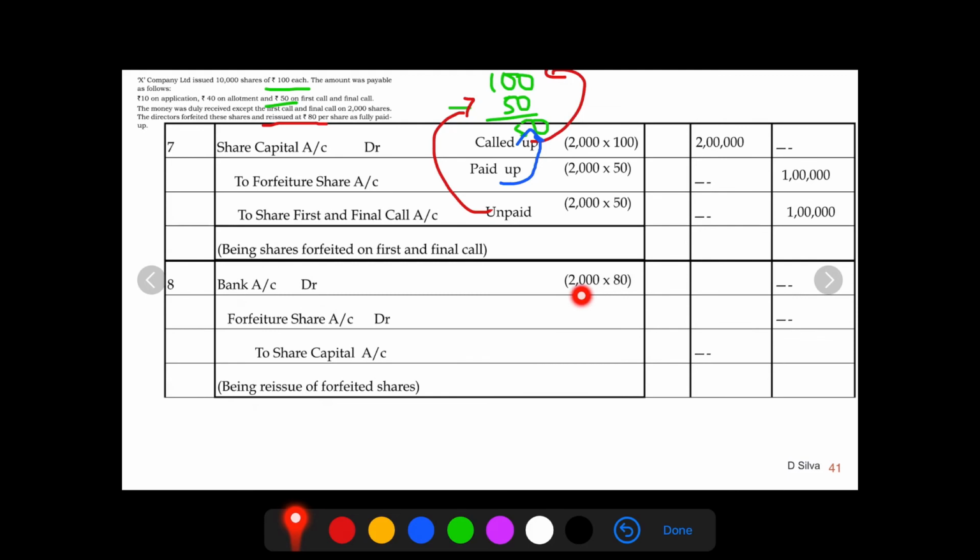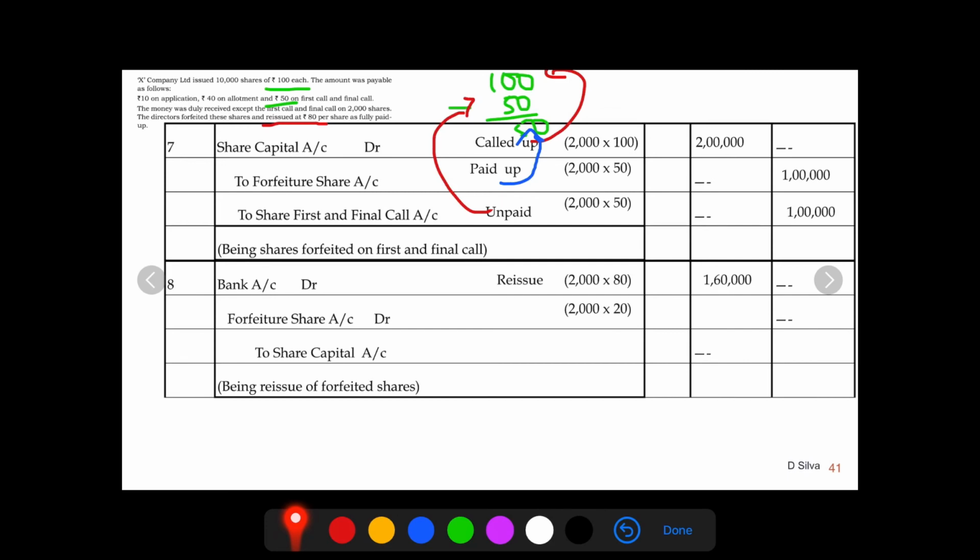So 2000 shares are being reissued at rupees 80. Hence, the reissue value that is being debited is rupees 1,60,000. Forfeited share account debit on 2000 shares, rupees 20 is being discounted. The reason is because there is a discount amount of 20 per share on reissue.